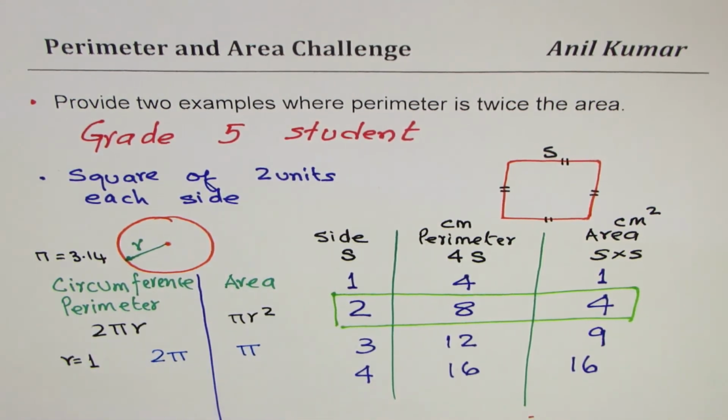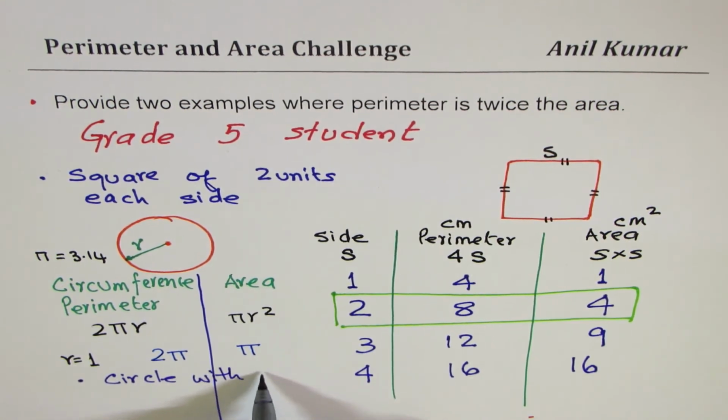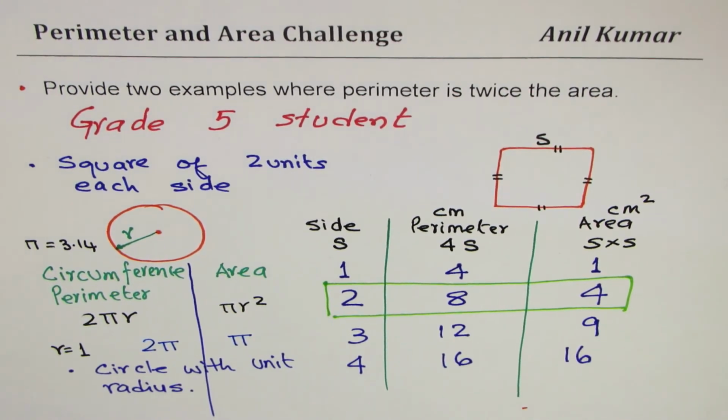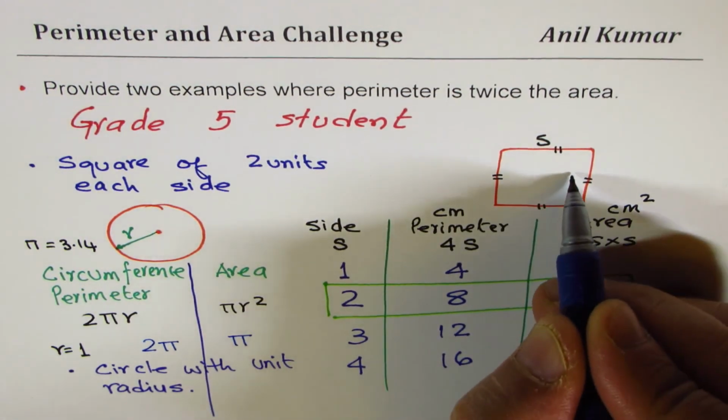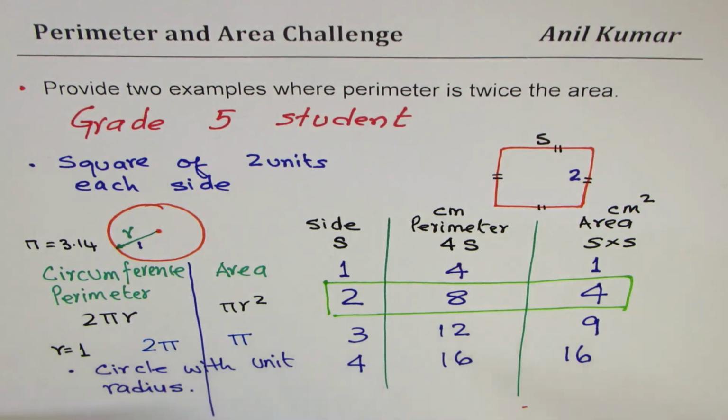So that becomes our second example, a circle with unit radius. Correct? So I am in a position to provide you with two examples. One, a square whose sides are 2 units each, and the other one, a circle whose radius is 1 unit.